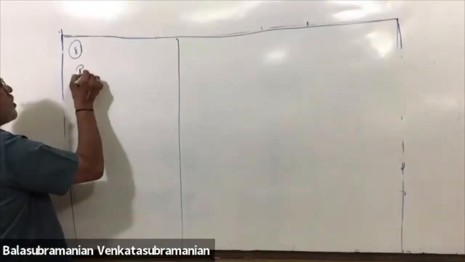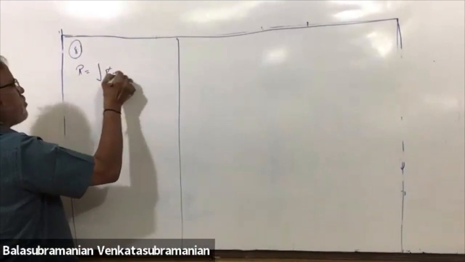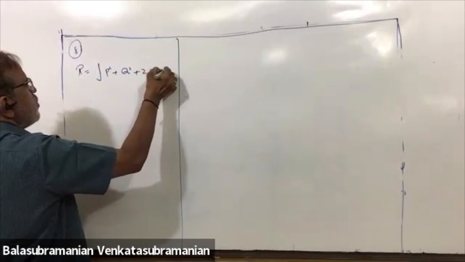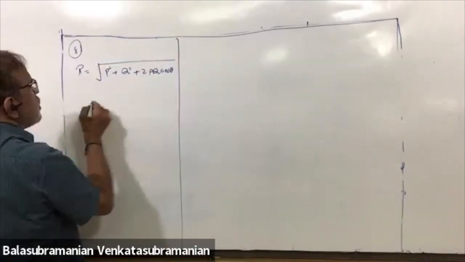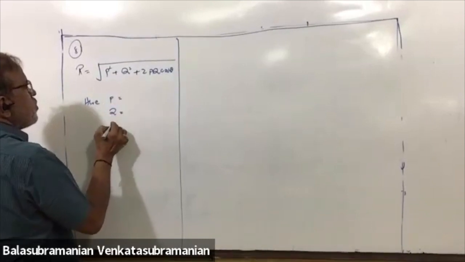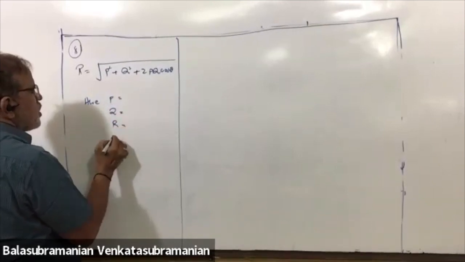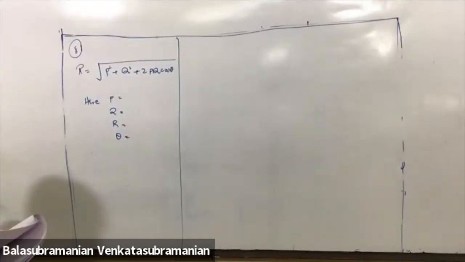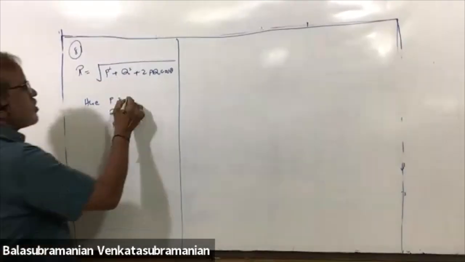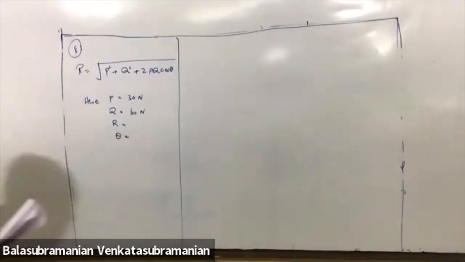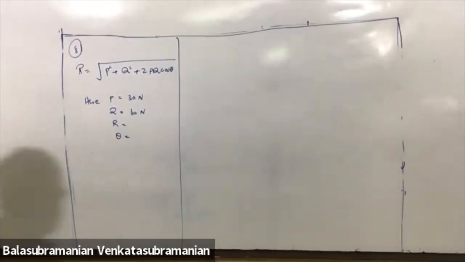R is equal to root of P square plus Q square plus 2PQ cos theta. P, Q, R, theta: 30, 60, and the resultant you have to calculate.